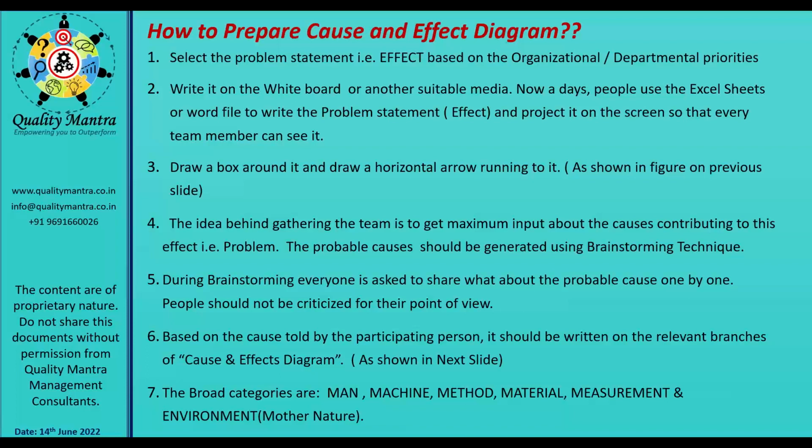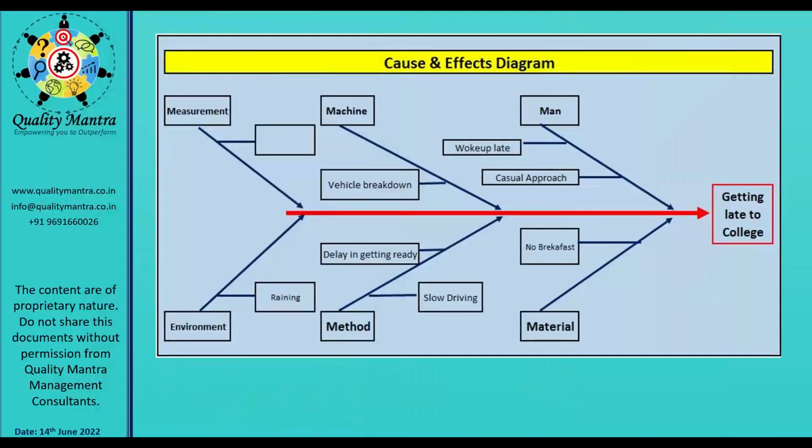The important thing is brainstorming. In brainstorming you have to involve the people, take inputs from them and note down probable causes, and then divide them into various categories like man, machine, method, material, mother nature and measurement.